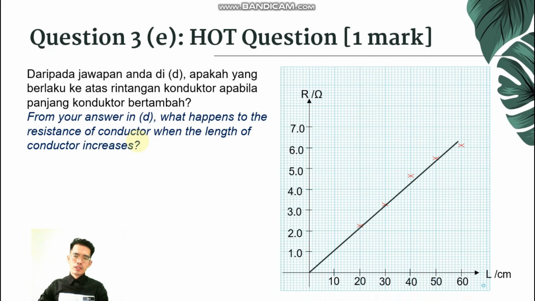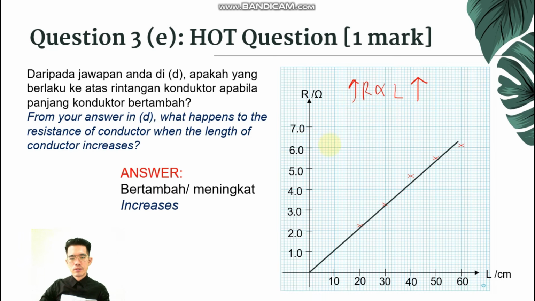From the graph, we know that R is directly proportional to L. So that means when L increases, R will increase. So this is the discussion regarding the second type of question, the non-guided practical assignment.